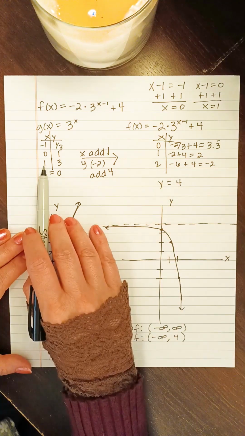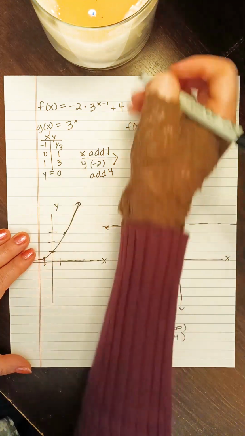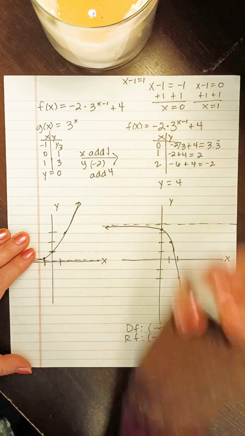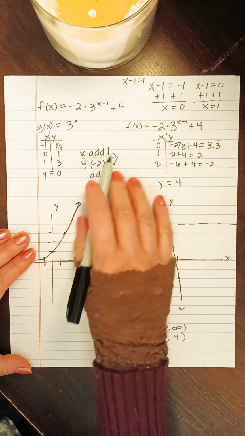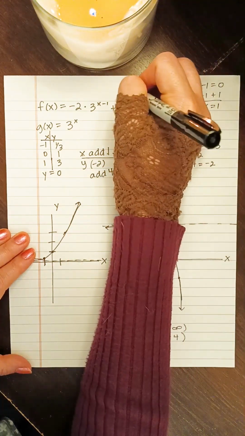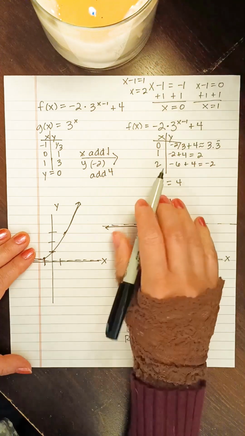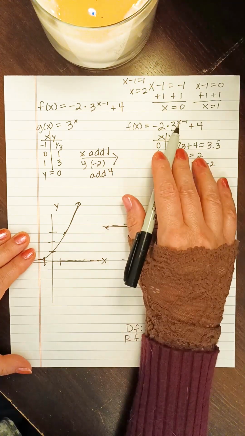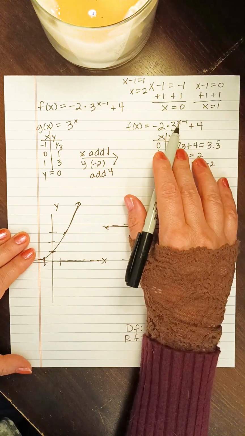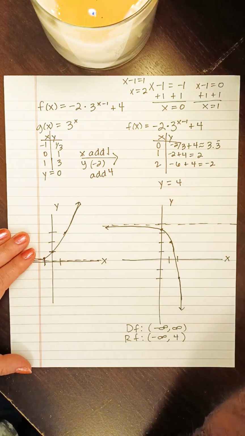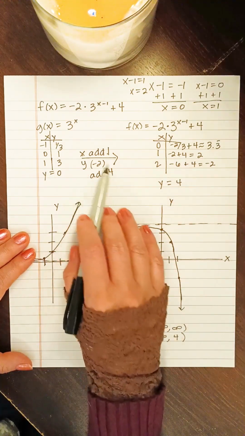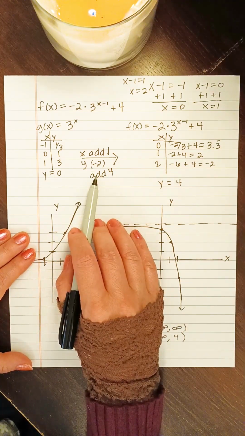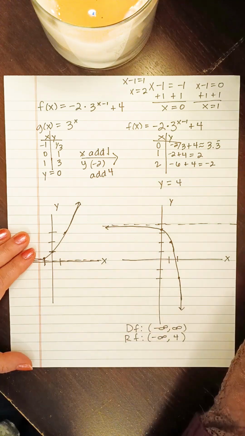If I wanted it to be a 1, well, x minus 1 would have to equal 1, and I would have to add 1, so I get 2. And I plug that in here. Well, 2 minus 1 is 1. It got me the 1 I wanted. And then as far as the arithmetic for the y value, it's as is, because you just follow the order of operations.